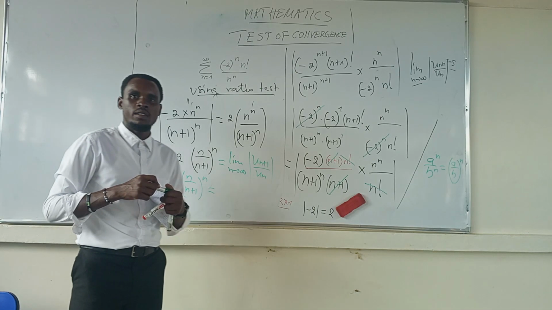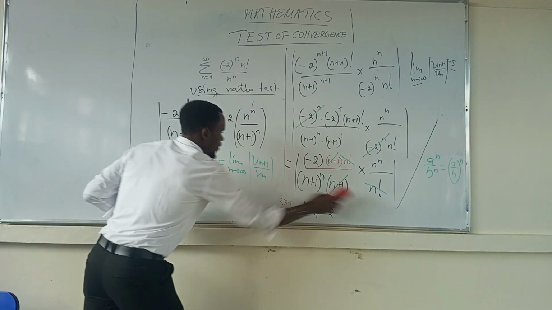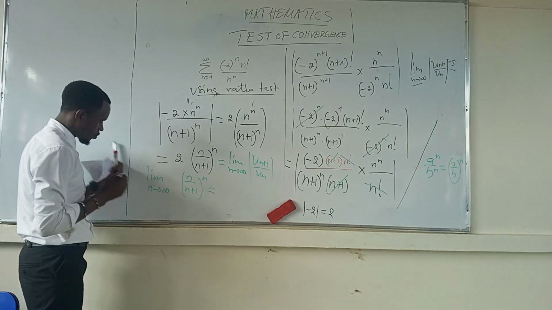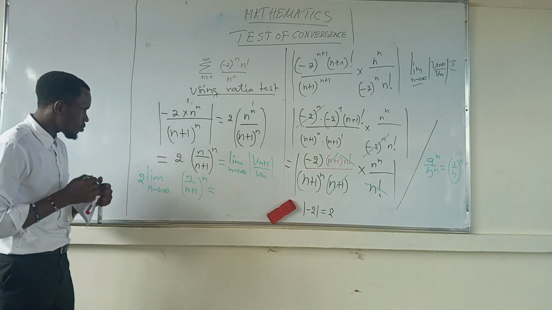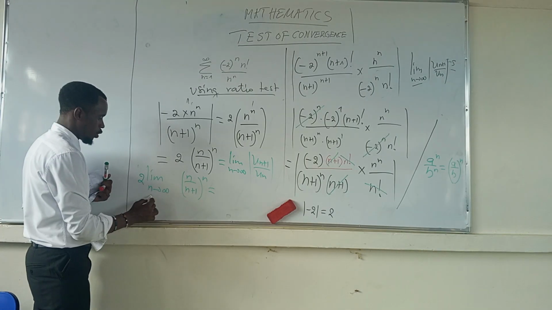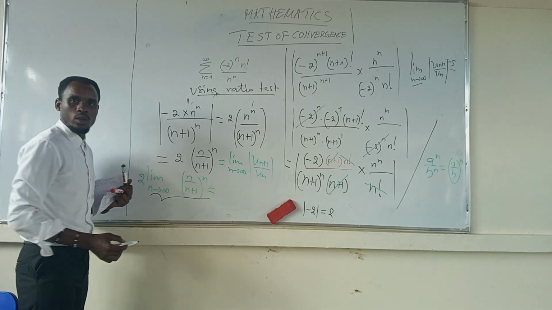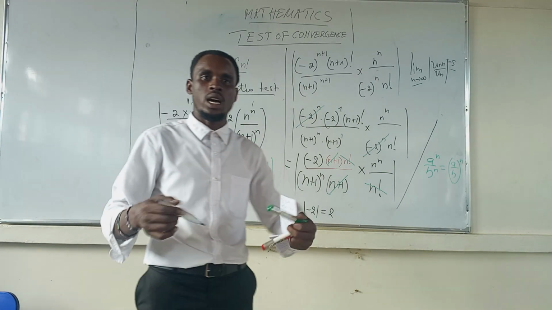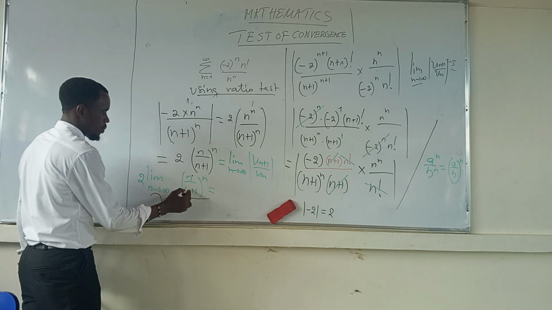Guys, this 2, I can even take at the front. Let me put my 2 here. And evaluating the limit of this rational function, we have just to consider the highest degree, their power, which means this is power 1 and power 1.